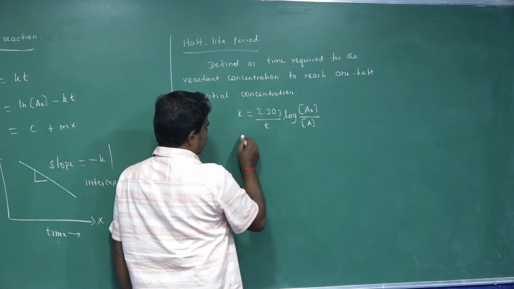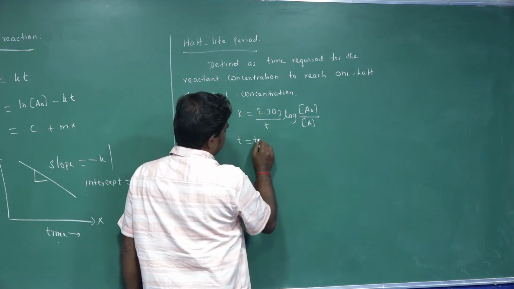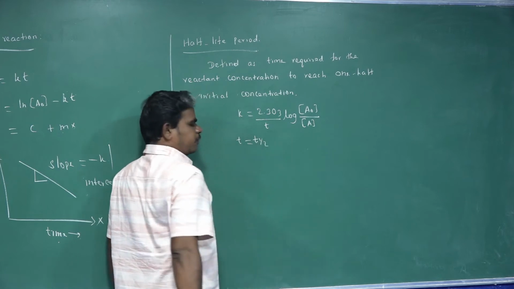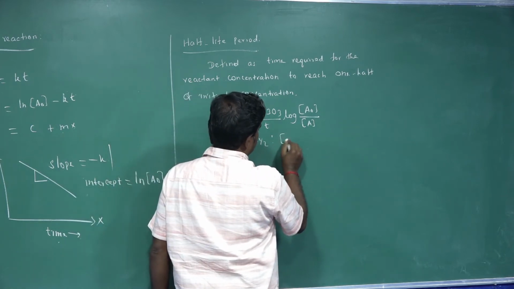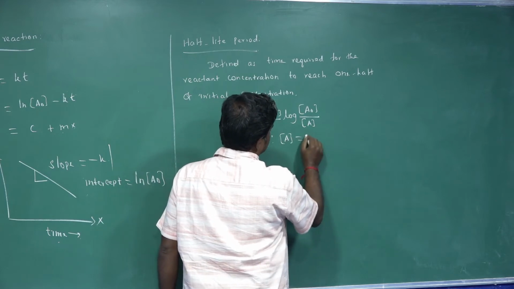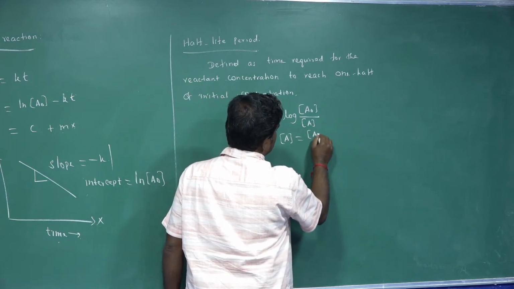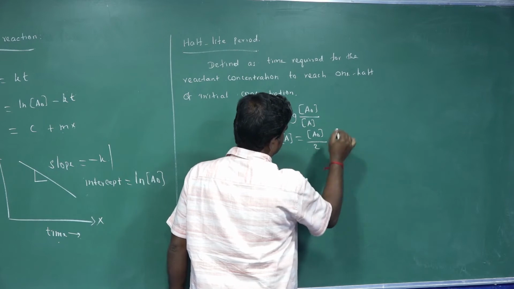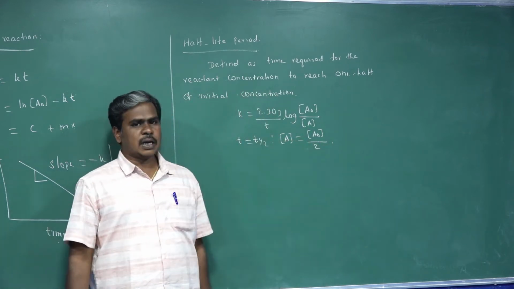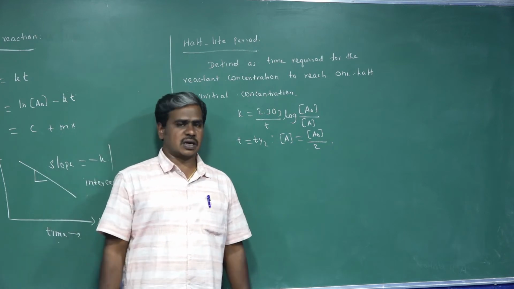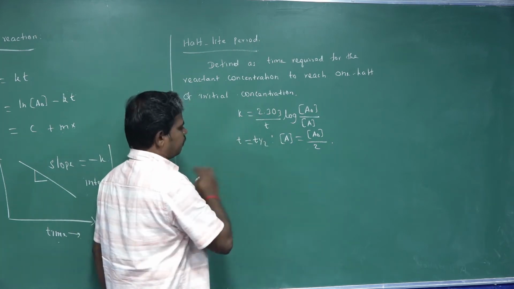In this equation, when t is equal to t½, the half-life period, [A] is taken as the initial concentration by 2. So the time required to disintegrate one half of its initial concentration is nothing but its half-life period.